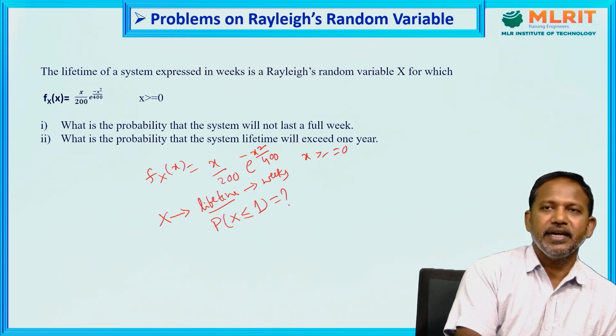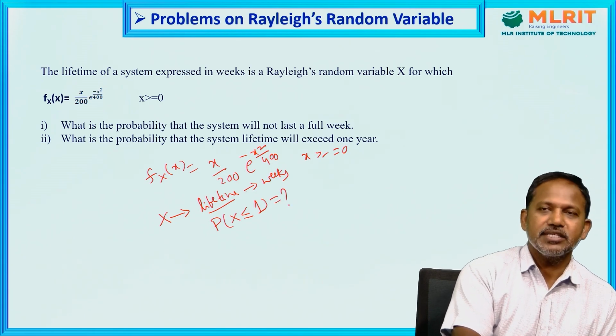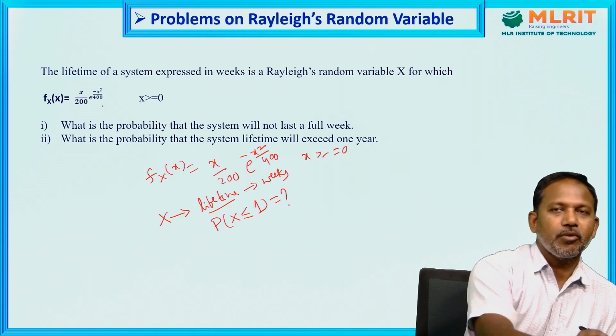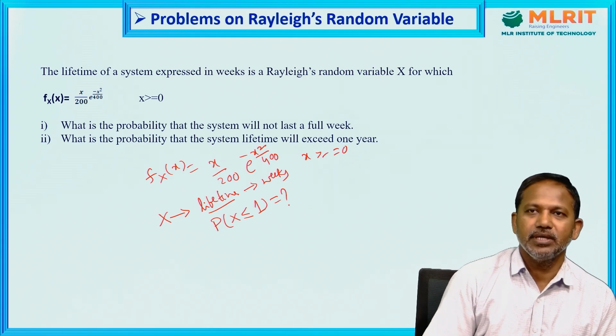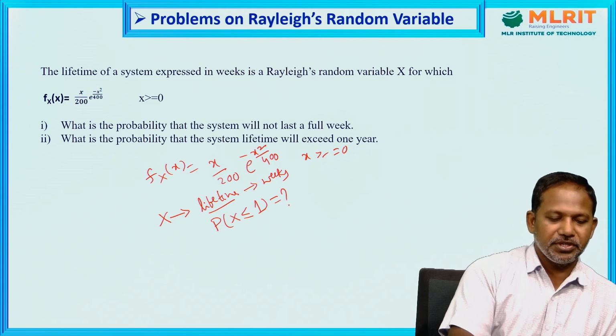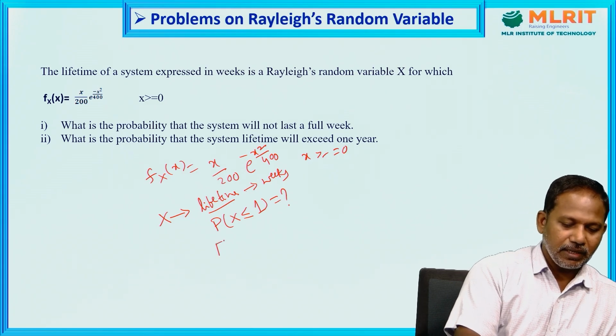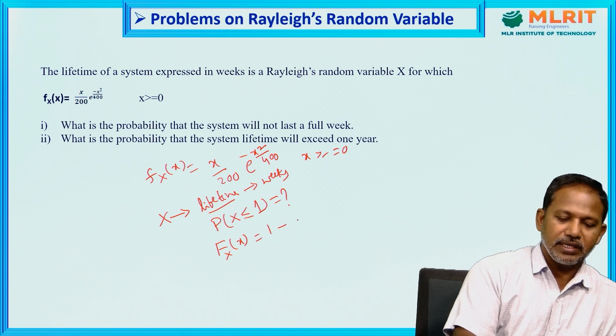See here, it is the same as the probability distribution function. Here the probability density function is already given. Now I need to convert it into the probability distribution function. That is Fx of x is equal to 1 minus e power minus x square by b, for x greater than 0.